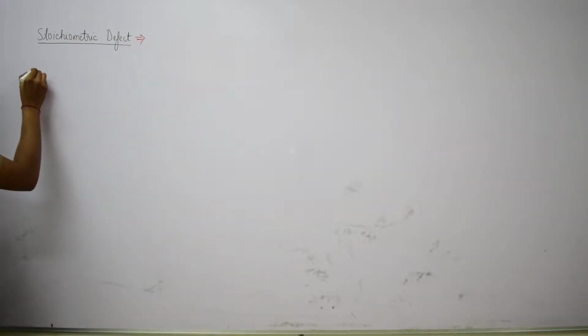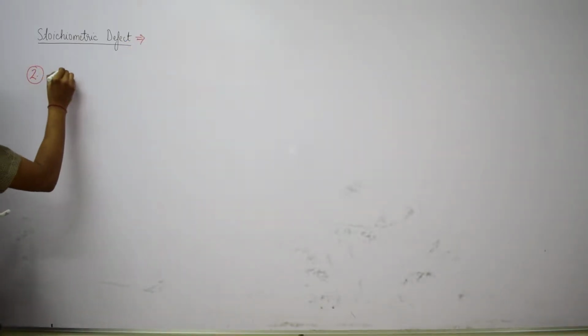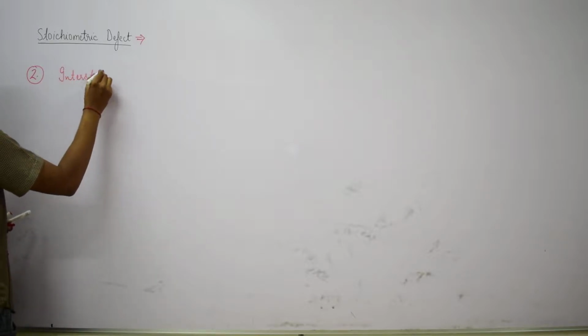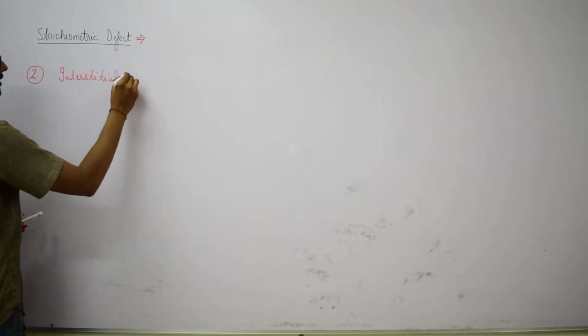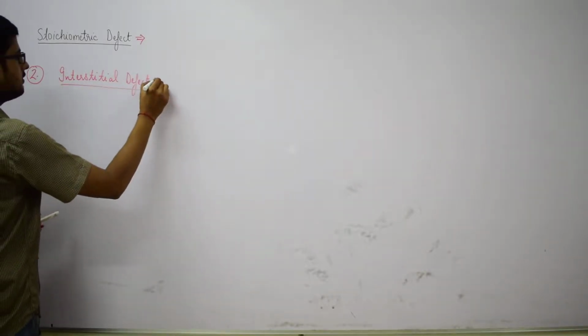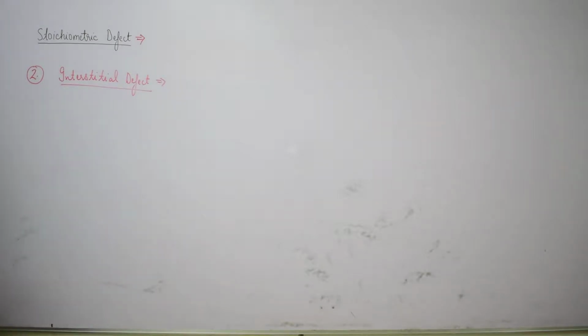Let us discuss the second type of stoichiometric defect, that is interstitial defect. So, what happens in interstitial defect?